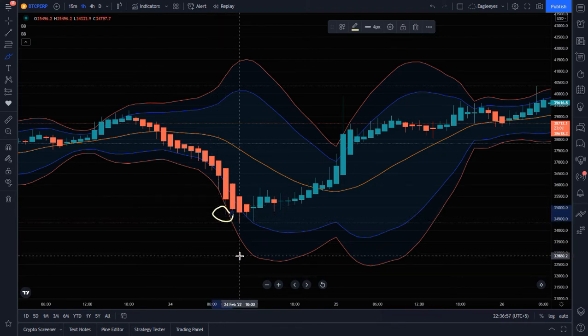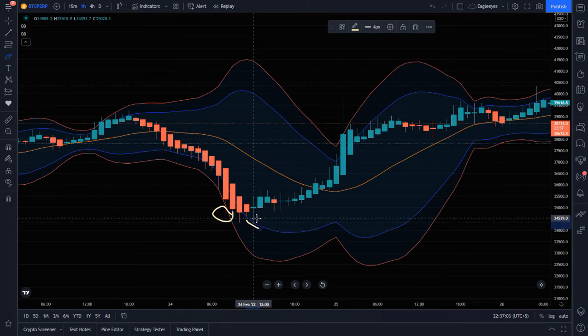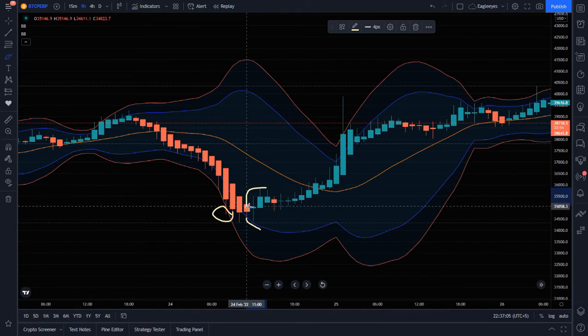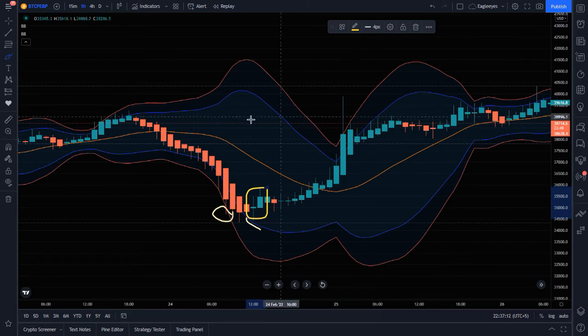And now first of all, you have to wait for two opposite candles. Like if we want to open a long trade, then we will wait for two green candles close to the Bollinger Band with standard deviation 2. And here is an example of our short case: you will wait for two red candles close to the second Bollinger Band.